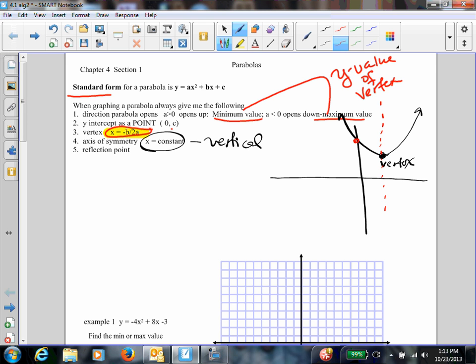We have a y-intercept that is a certain distance from our axis of symmetry, which I'm going to call D. And we can reflect that point across the axis, that same distance, to come up with another point that falls on the opposite side of that curve. Does that make sense? Okay, questions? Well, no, D is my distance. It's the distance from my y-intercept or from a point to my axis of symmetry, and that same distance is going to occur then on the other side because it's going to get reflected.